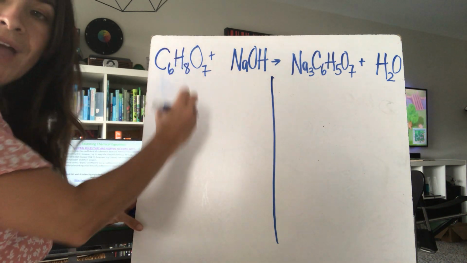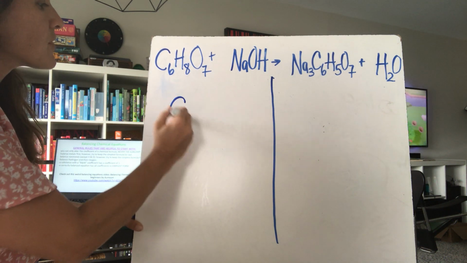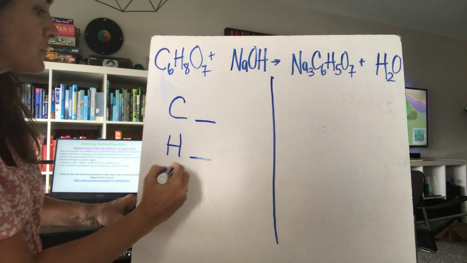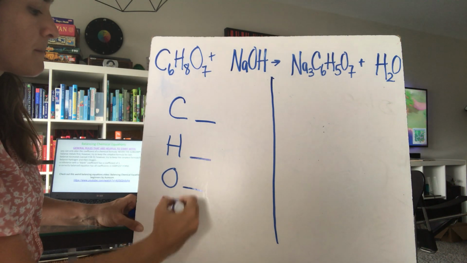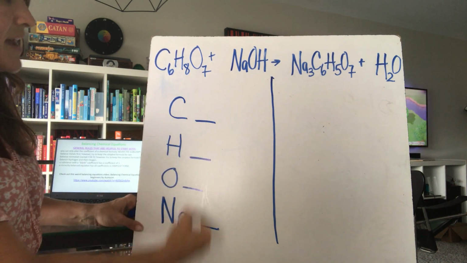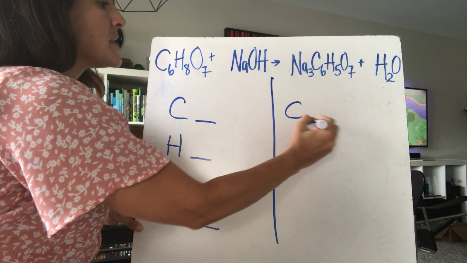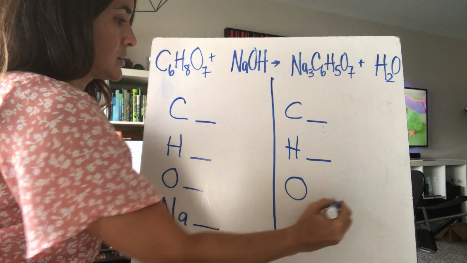Next step, write out the different atoms that you have. So in this case, we have carbon, hydrogen, oxygen, and sodium. Make sure that those are the only atoms on the product side, and they are. So let's just write them in the same order for the sake of organization.